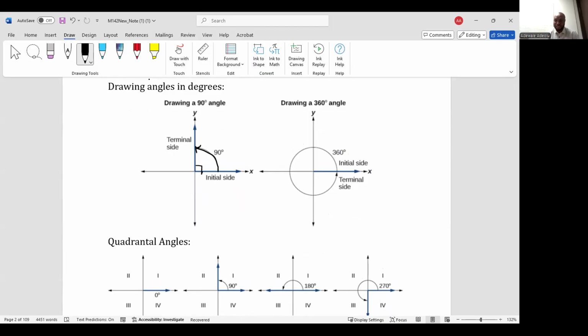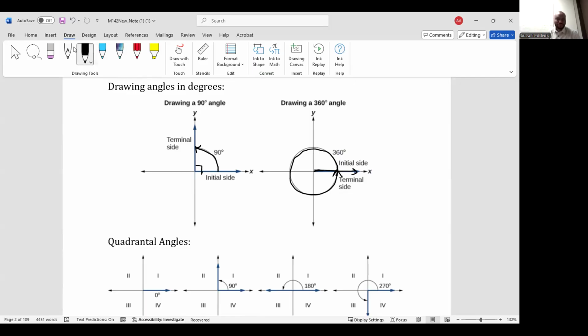What about 360 degrees? Again, we start on this initial side and we go this way until we make the 360 degrees. So it happens that it's on the same side. Both the initial side and the terminal side lie on the same place.